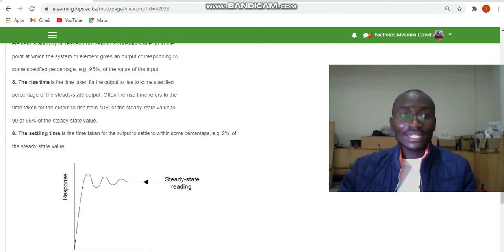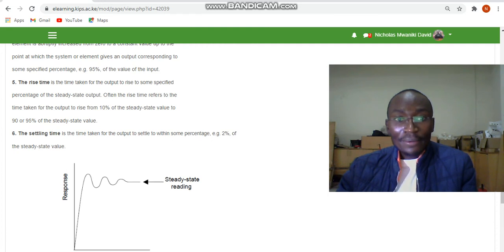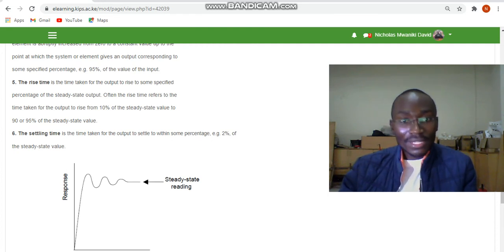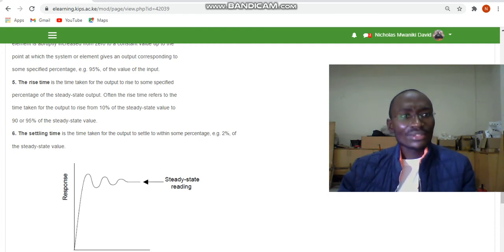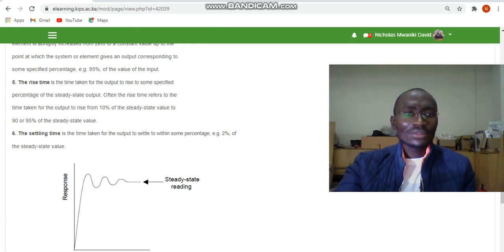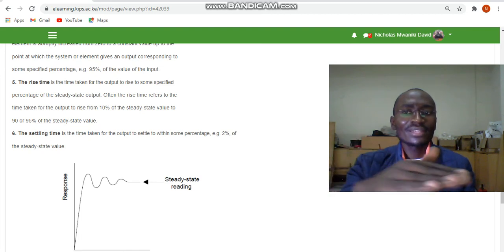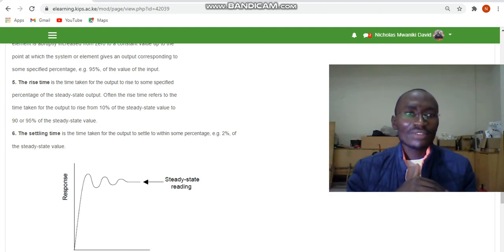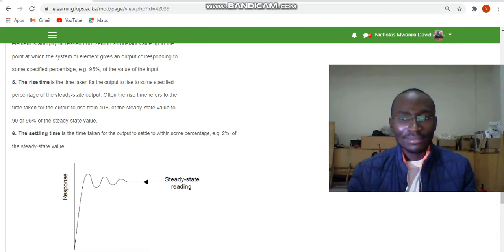The settling time is the time taken for the output to settle within some percentage, e.g. 2%, of the steady state value. Once a wave propagates, it reaches a time when it starts to settle down and have a steady state, and that is what we refer to as the settling time.